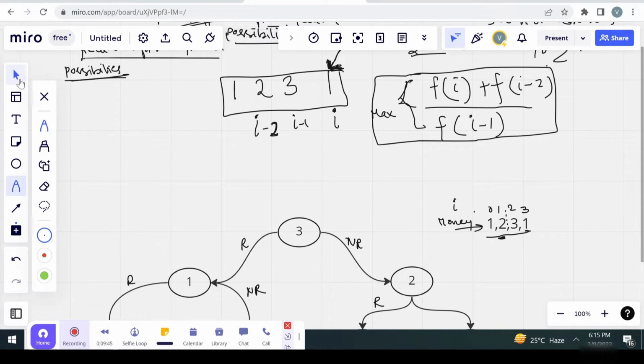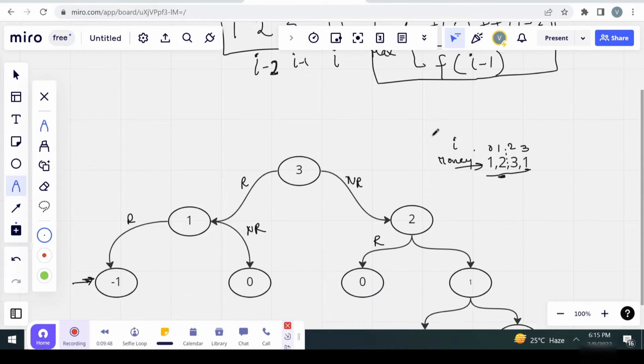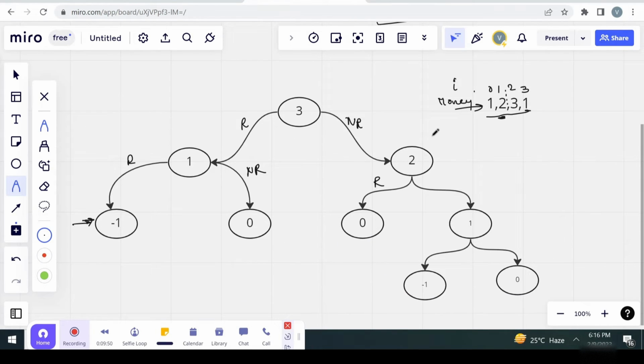If I don't rob house number 2, I can rob house number 1. If I rob the house at index 1, I will go to -1, and if I don't rob it, I can rob house 0. Now this will be our recursion tree.